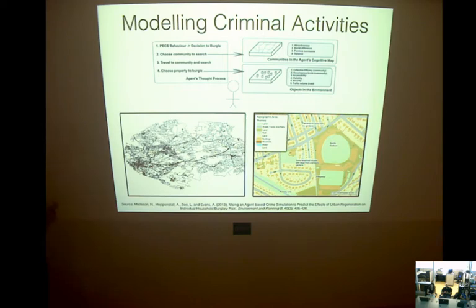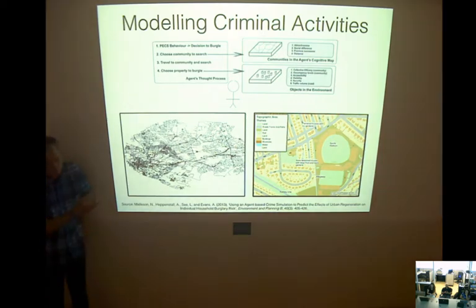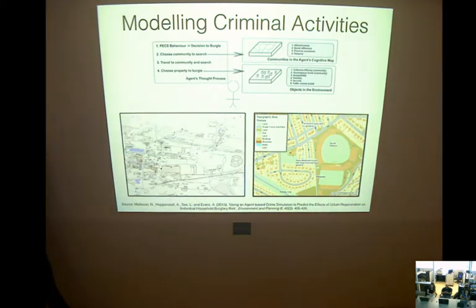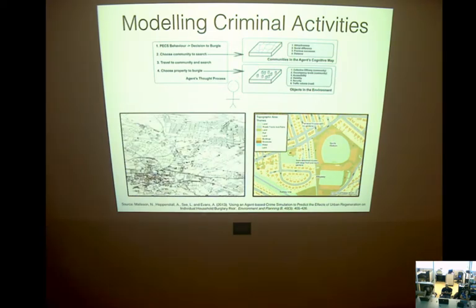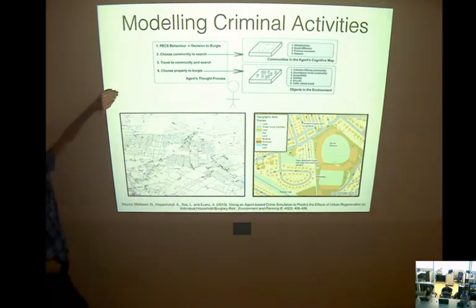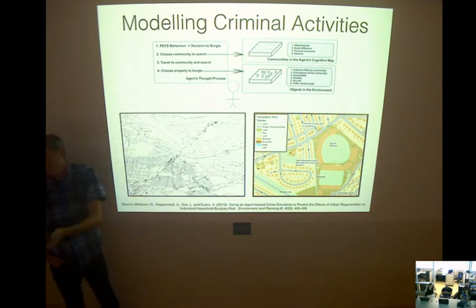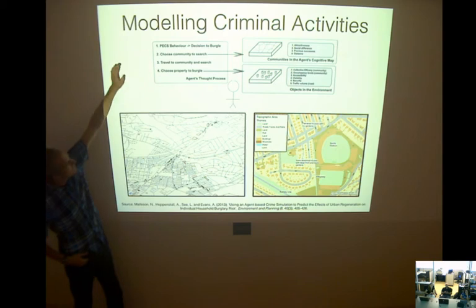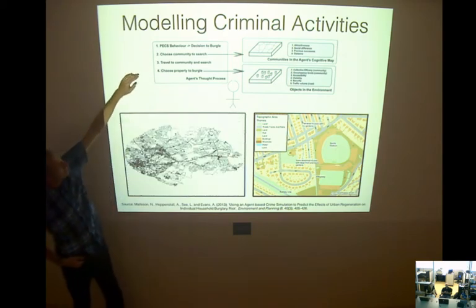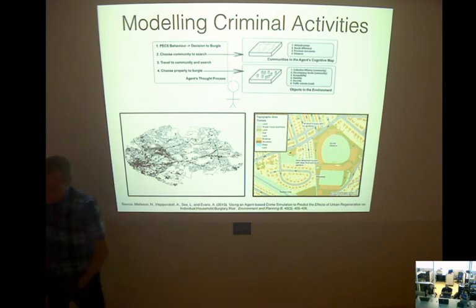So Nick, one of the co-authors here, does a lot of interesting things with crime. When he's doing these types of models, he creates a PECS model, right? And this is where I get my notion of PECS build. That's why I like it more than fast and frugal. He has information on how people navigate through the scene.